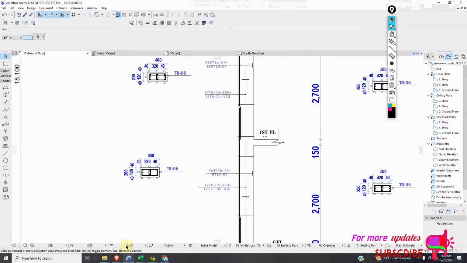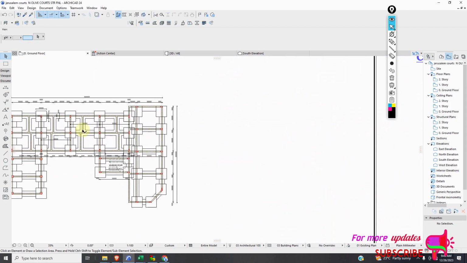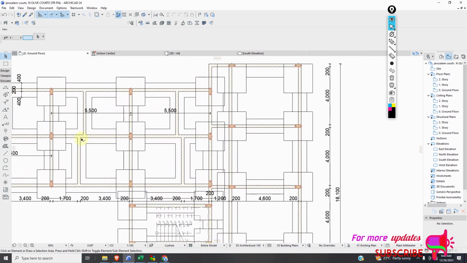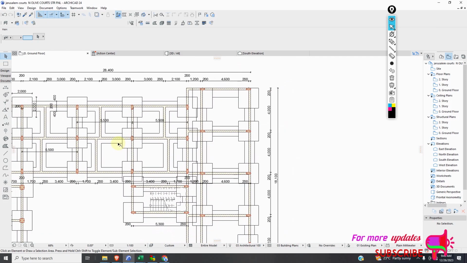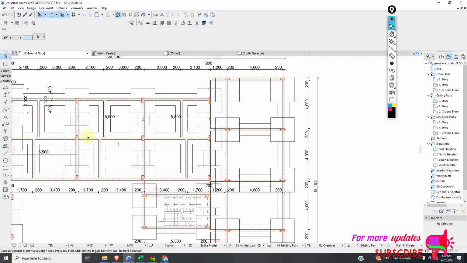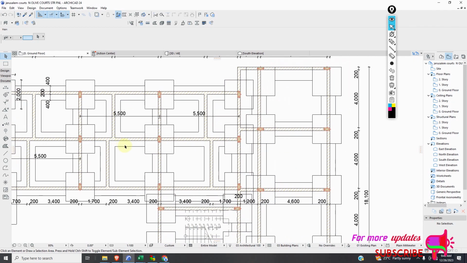So let's start with this particular beam here, which has 2 secondary beams. We know that this beam has a length of 5.5 meters, center to center, and it has a depth of 0.45 and a width of 0.2 meters, right? So we already know the dimension of this.